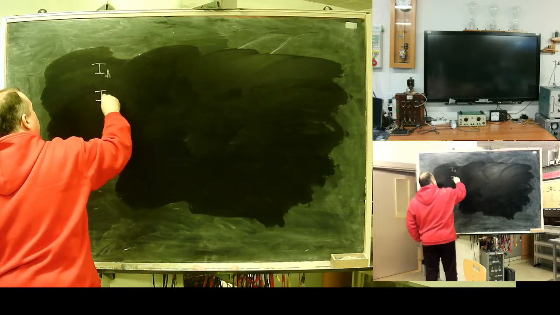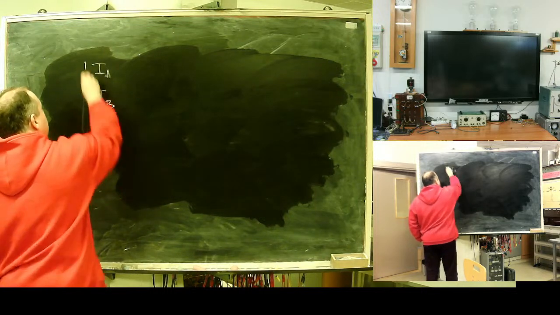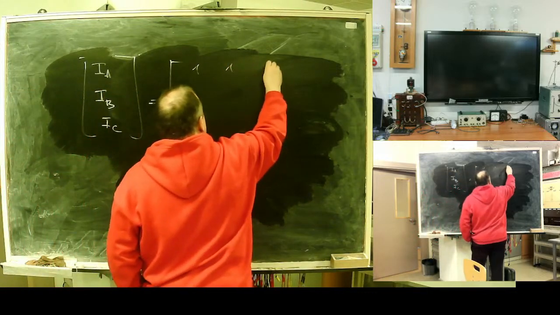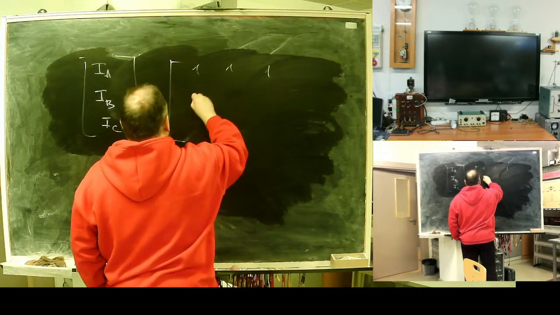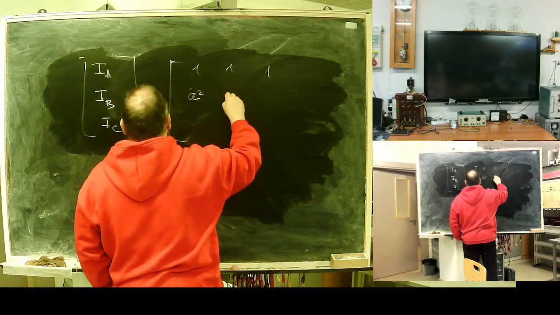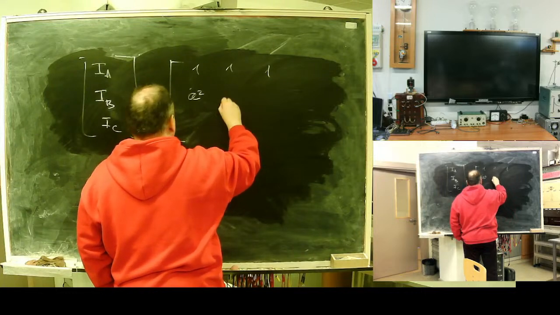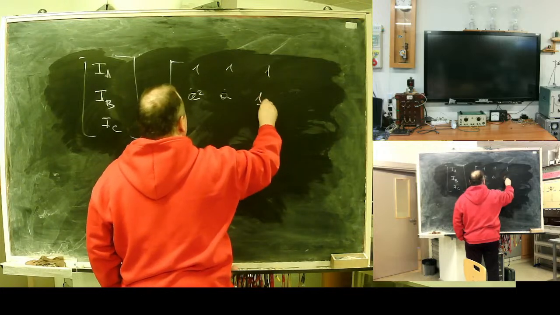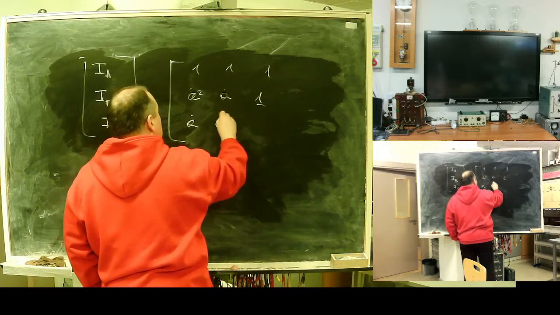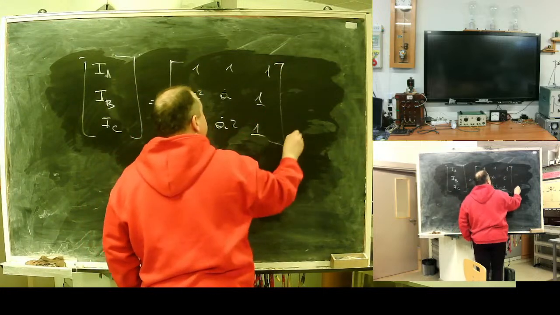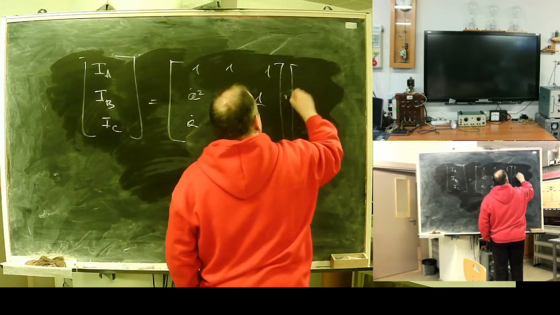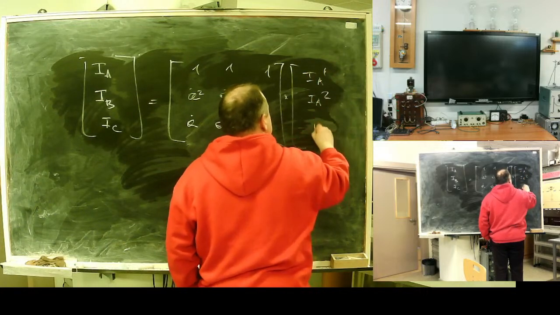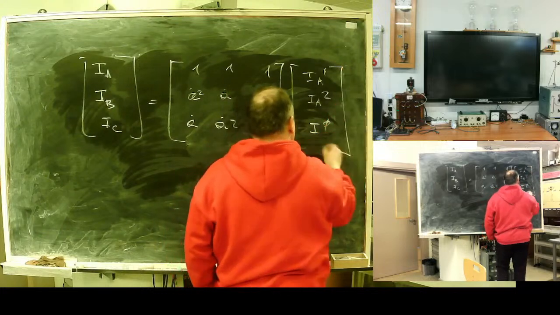A, B, C equals 1, 1, 1, A squared, A, ... negative sequence, and I0.